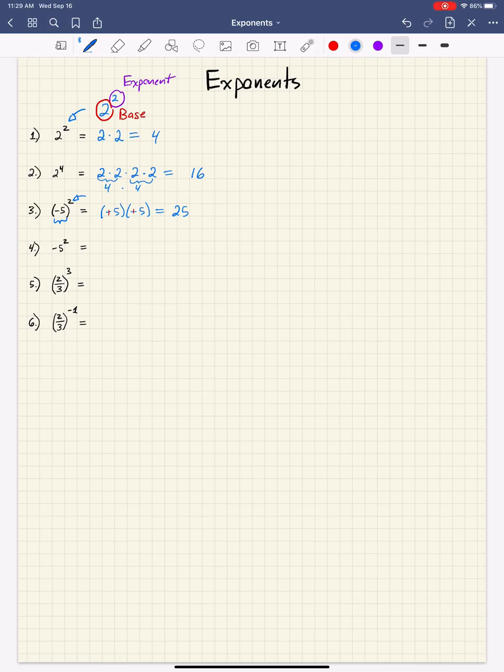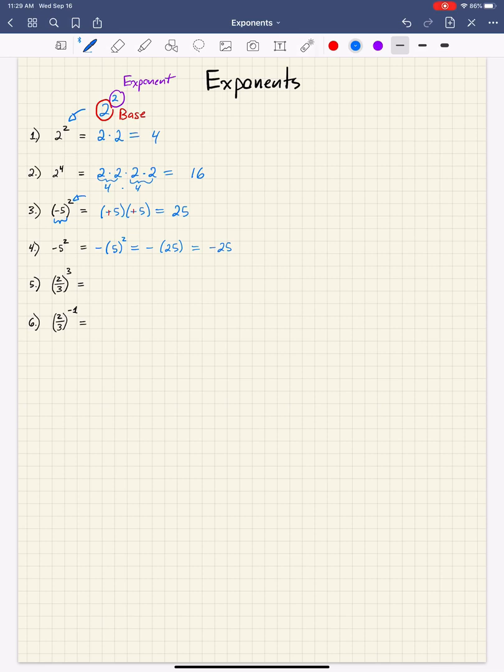So the negative is not part of the exponent. So we can clearly write that as 5 to the power of 2 with the negative on the outside. What we get is negative 25, and that's equal to just negative 25.